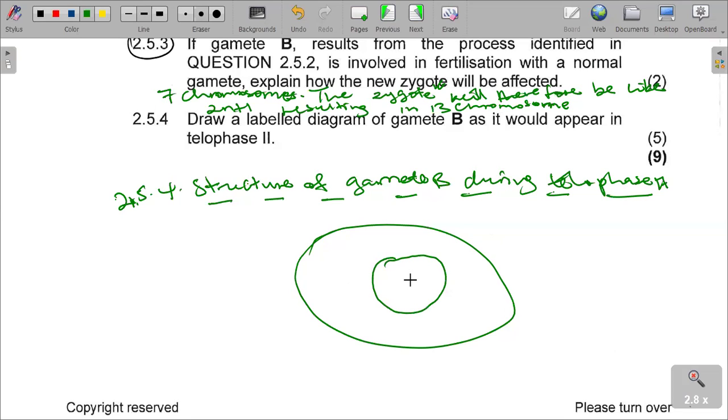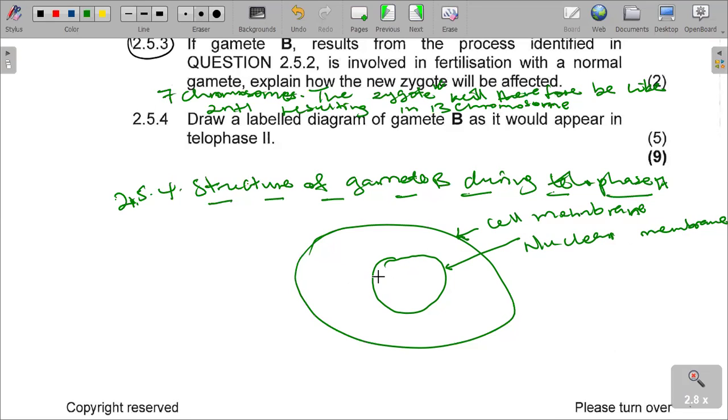We need to label them, but I can just say this is the cell membrane, and then, of course, this is the nuclear membrane. This is the nuclear membrane, which is shown there. Cell membrane, which is shown there. Nuclear membrane.